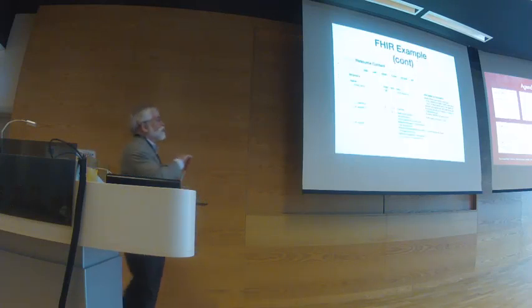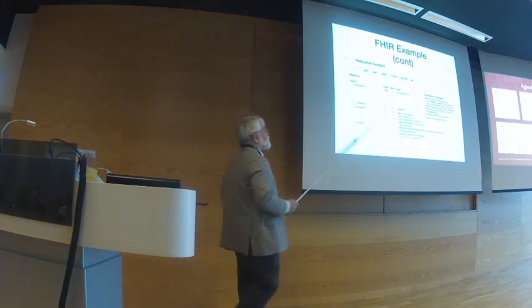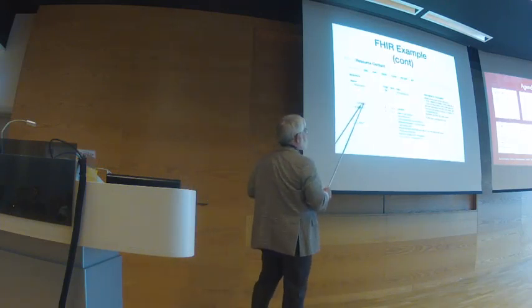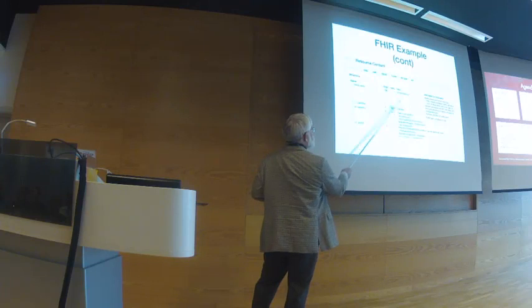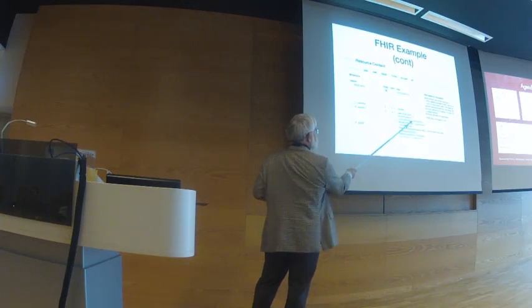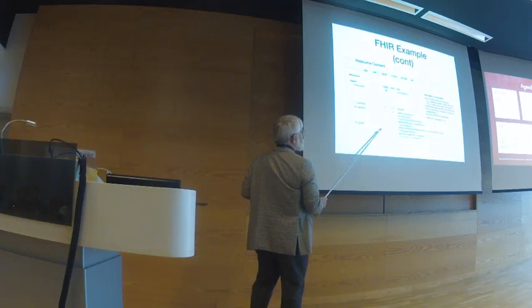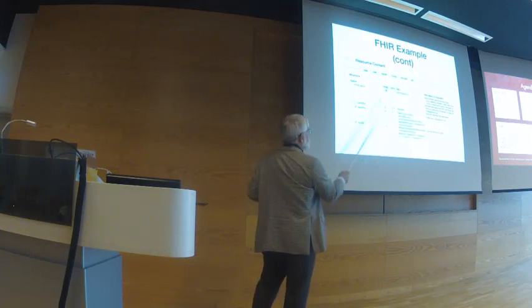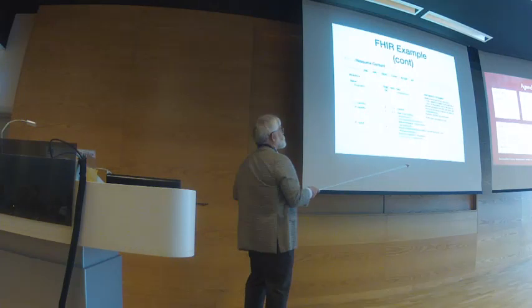What a profile does is take a FHIR observation and constrain it. You can take the cardinality of 0 to star and you can say, I'm going to make that 1 to 1. I want exactly one of these. You can take a 0 to star and make it 0 to 0. In our model, you can't put this in here. You can say, well, this could be numeric or ASCII. In our model, it has to be a number.